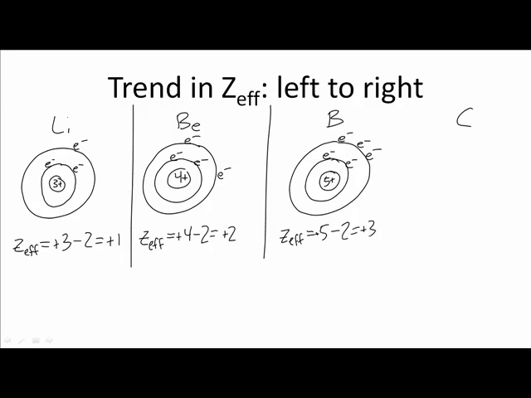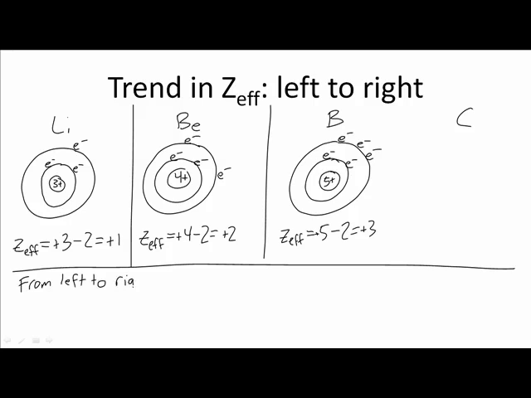So now plus 3. And we don't even need to do carbon, we can see the trend. So as you move left to right in the periodic table, oh, I left myself a whole new slide. I'll write on the new slide.